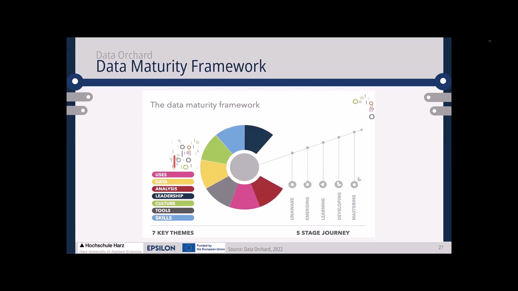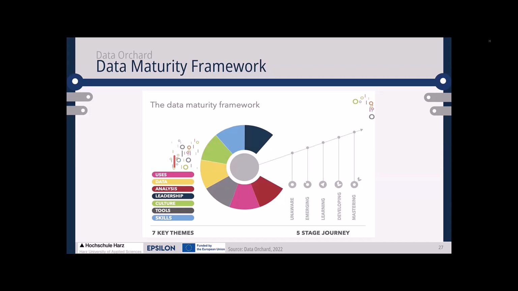Data means data itself, in which format and in which quality is data available. The analysis points at the analytics. So are there any analytics already in place? Does the organization work with diagrams? Does the organization already work with intelligent summarizations of existing data?